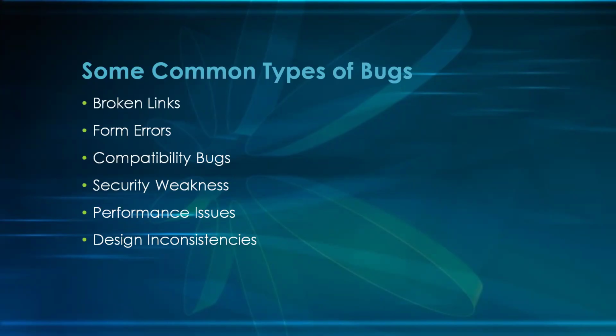Broken links are hyperlinks that direct users to non-existing pages. You want to ensure that you are able to navigate seamlessly, and you want the links to be user friendly.